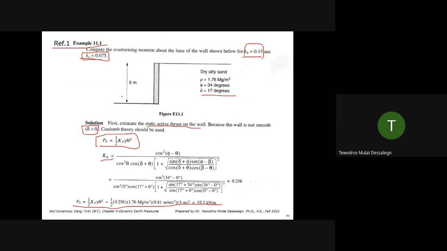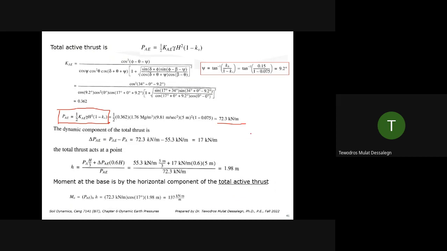How much was static? 55.3 kilonewton per meter. It's an increase, right? So how much is the dynamic component? The dynamic is the difference between the two. The total active thrust, which combines seismic and static, minus the static part. So if you do that, the net force is 17 kilonewton per meter.